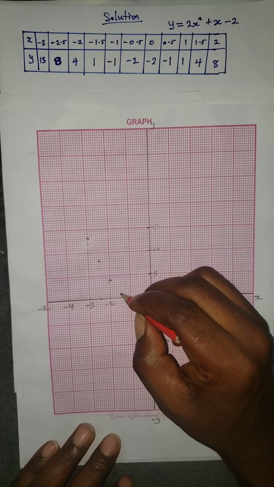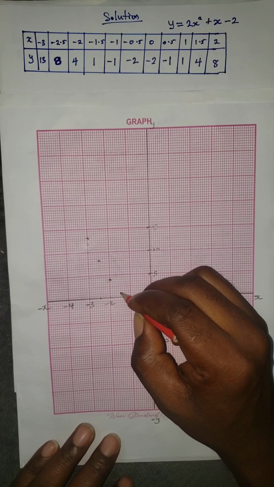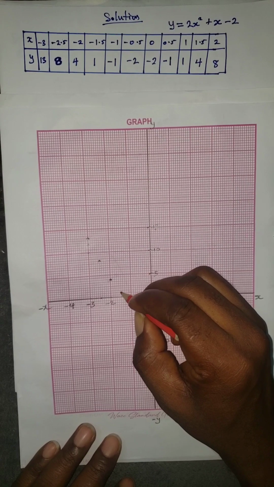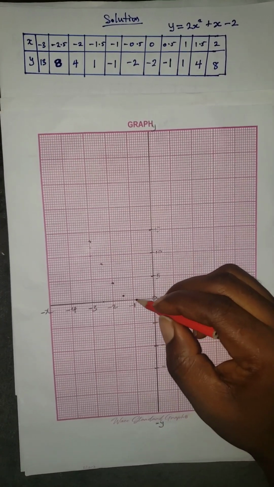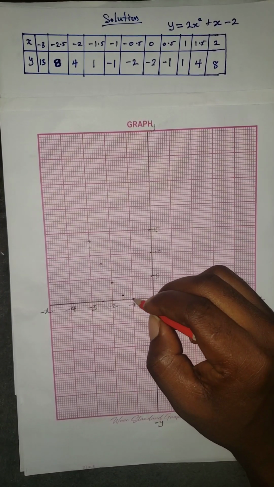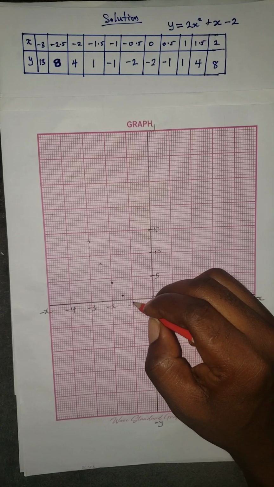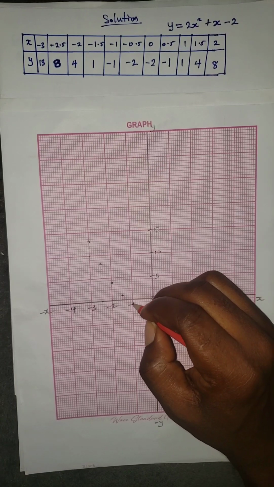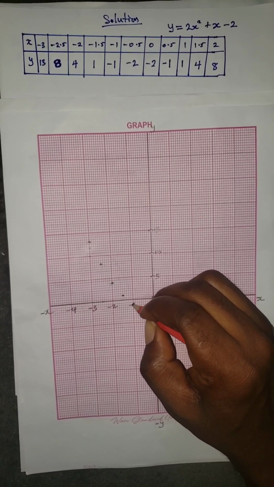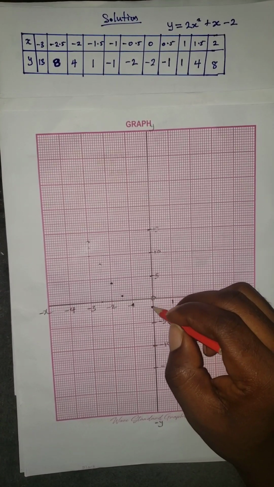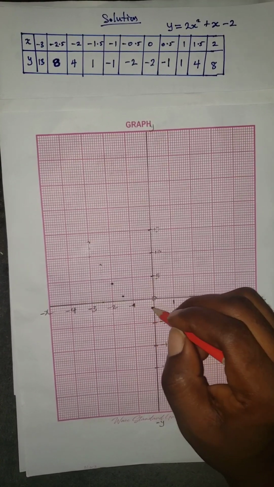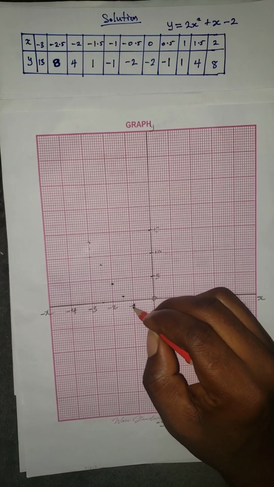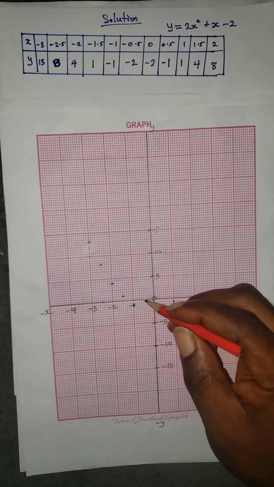So I have 0.5, 1, which is there. Then at -1 is -1, so 0.5, -1, which is here. I'm counting down, because if I count down, it will give me this point.